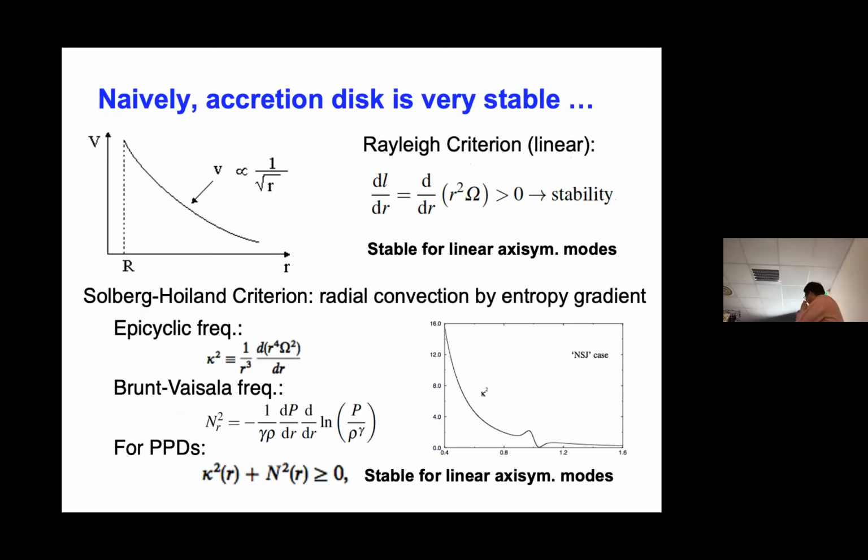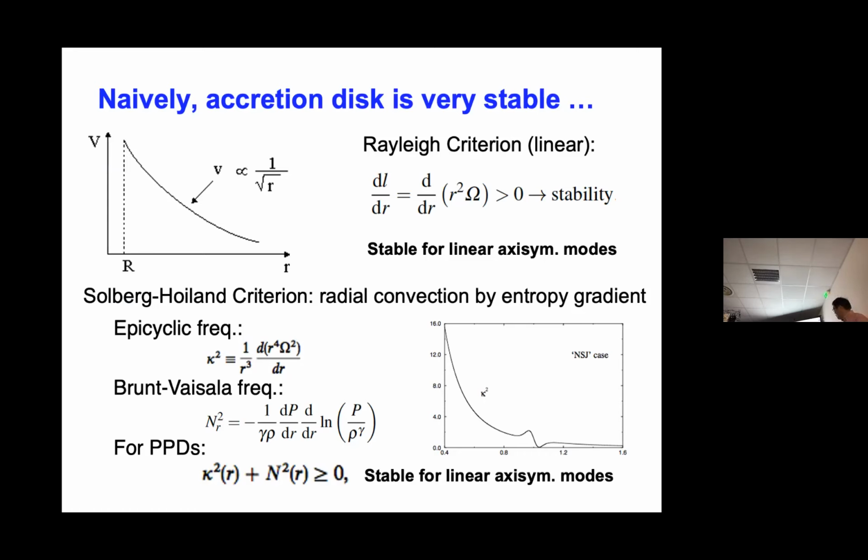So naively, if you take a rotating system like this, Lord Rayleigh, back in 16 something or 15 something, I forgot, basically worked out that if you look at the specific angular momentum of this kind of flow, it actually increases as a function of radius.